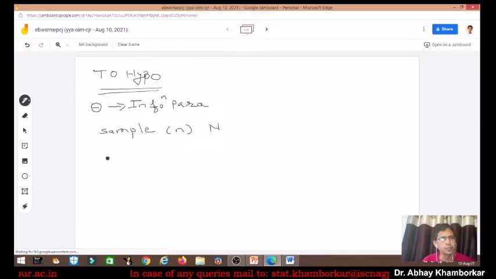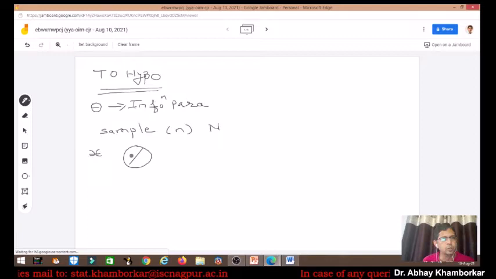So we take a decision about this population parameter theta on the basis of the sample. In other words, if script X is the sample space, then we divide this script X into two regions, part 1 and part 2.